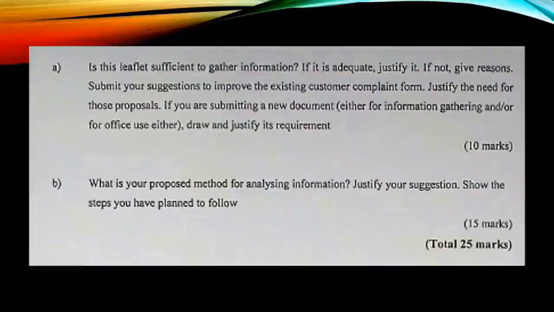If you can do it, it is better, because at the moment they have just used one form. Check whether it is enough to recognize the root causes and the most influential factors to the problem. If it is not, as a manager, you are required to cover all that. That is the first question.